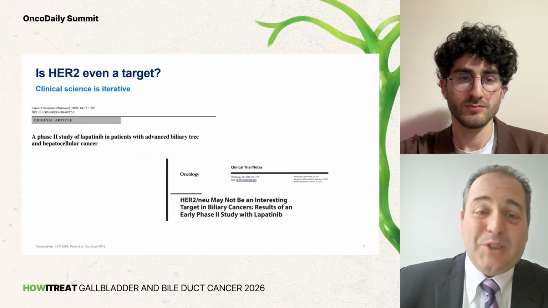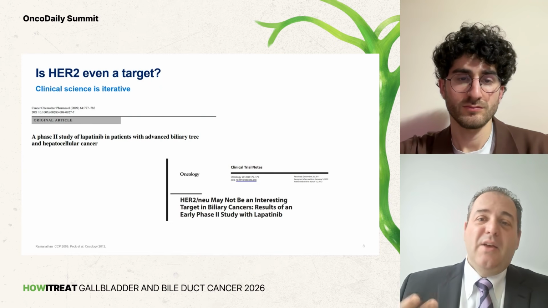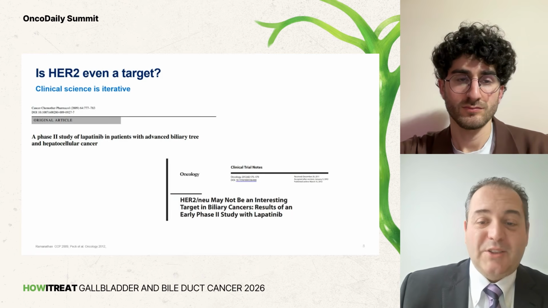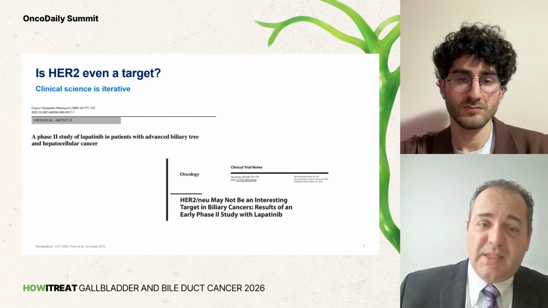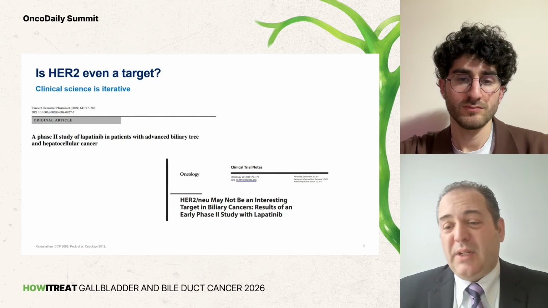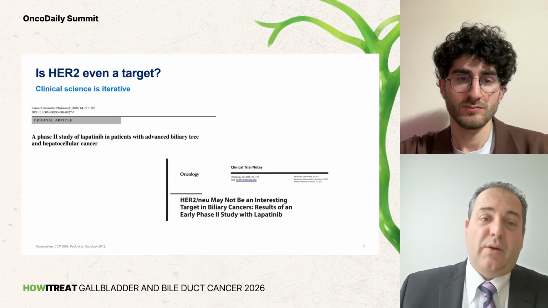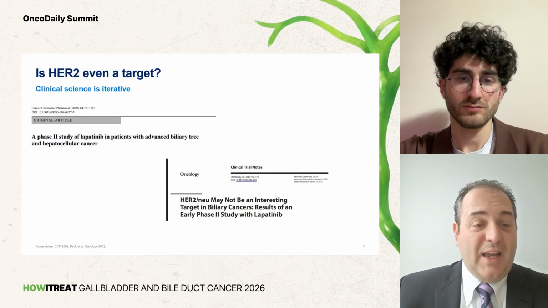So the first question always becomes, is HER2 even a target in biliary tract cancer? I thought these were two nice historic papers in the treatment of biliary tract cancer to illustrate especially that clinical science is indeed iterative. These studies, which were conceived over 20 years ago, looked at lapatinib, which was a weaker HER2 TKI in biliary tract cancers.